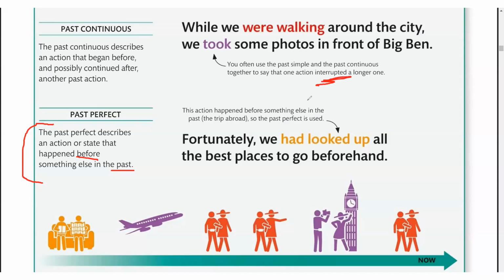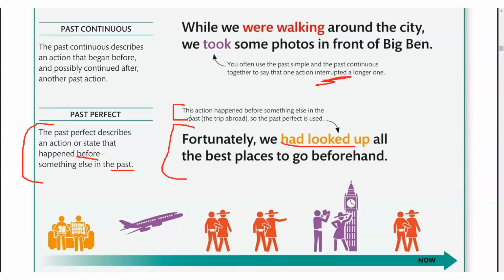But with past perfect, one thing happened before the other. So for example, fortunately, we had looked up all the best places to go beforehand. So what happened, right? We looked all the places up before we went on that trip.